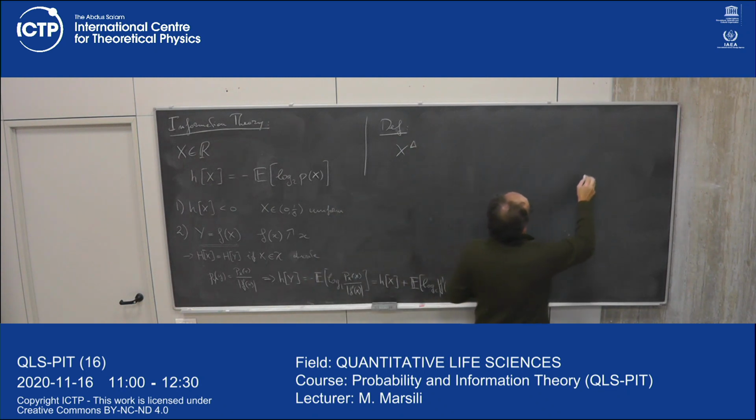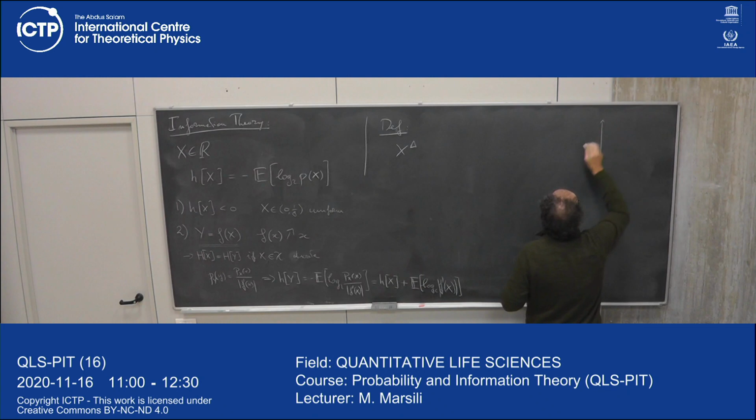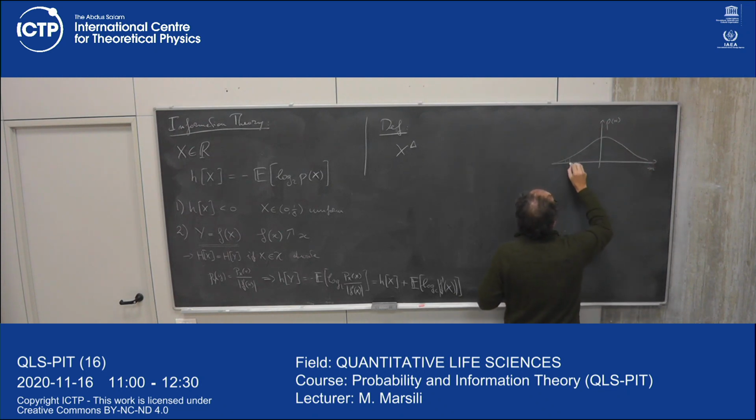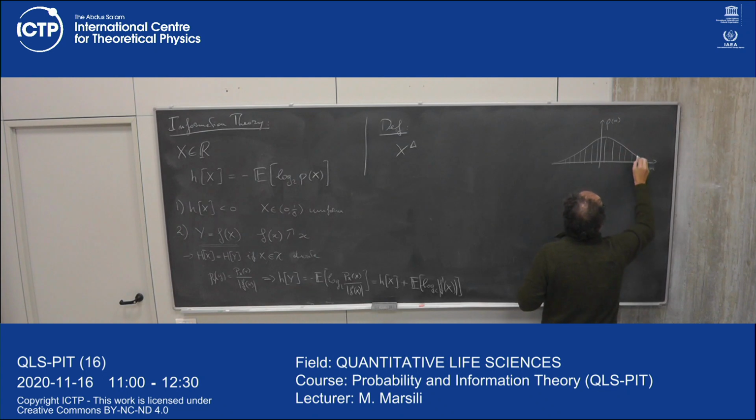So imagine that this is the probability distribution P of x, the PDF, which is something like this. And now we divide x in intervals of size delta.